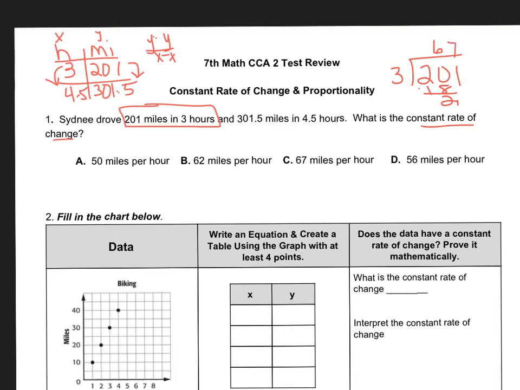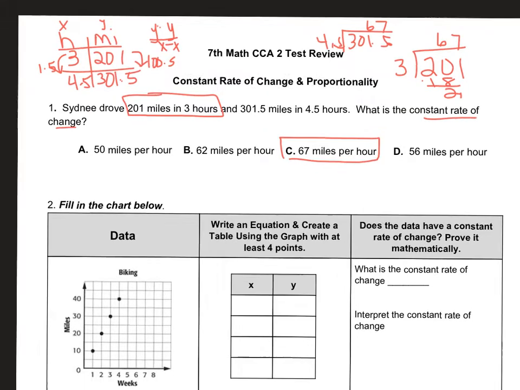Same thing with 301.5 miles: if I divide that by 4.5, that will also give me 67 miles per hour. You could have found the rate of change by doing the difference here and then dividing 100.5 by 1.5, and you would have gotten 67 miles per hour.